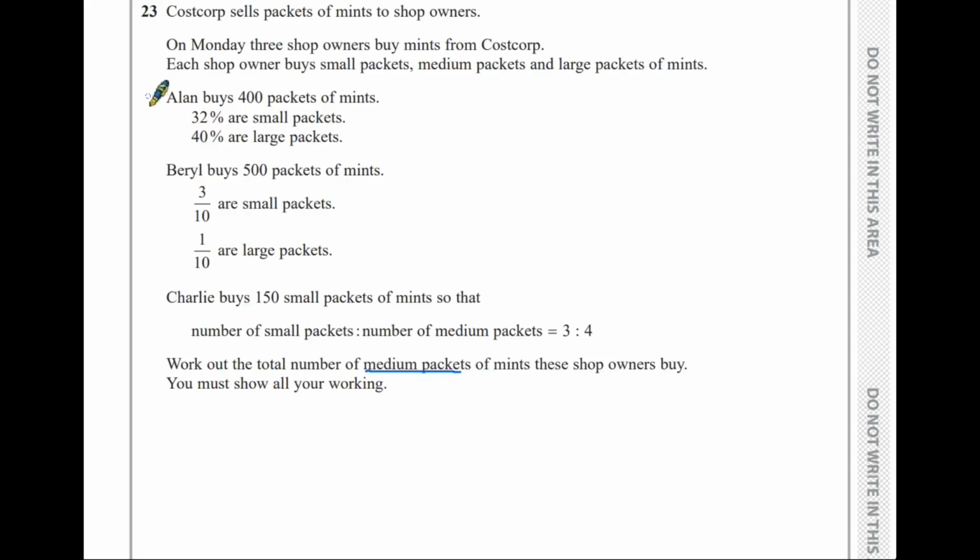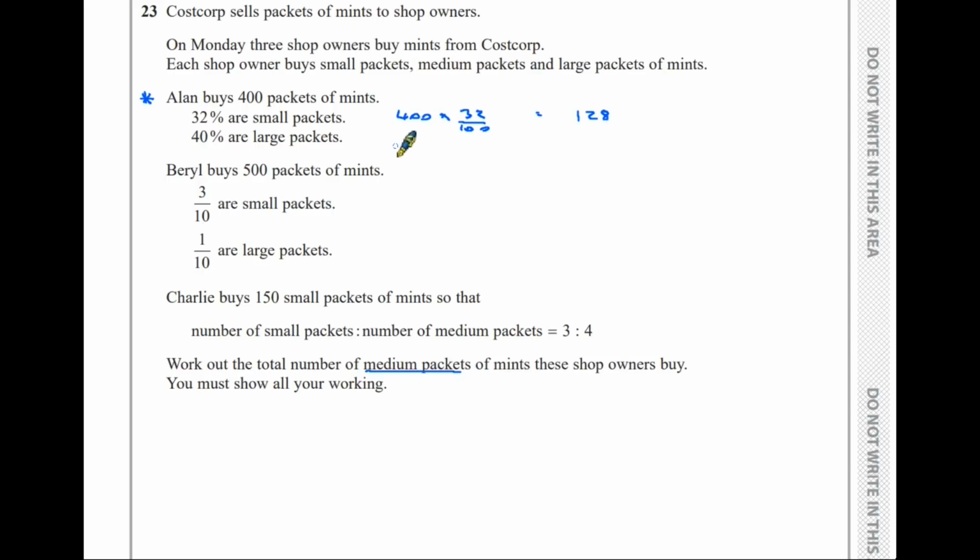Alan first. We are told that Alan buys 400 packets of mints, so we have a total of 400. 32% are small packets, so that will be 400 times 32 over 100. That means small packets he buys 128.